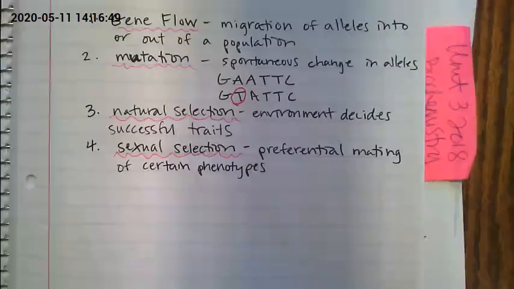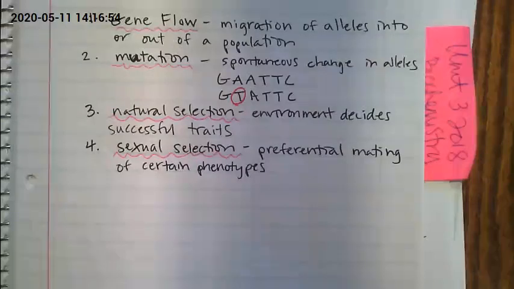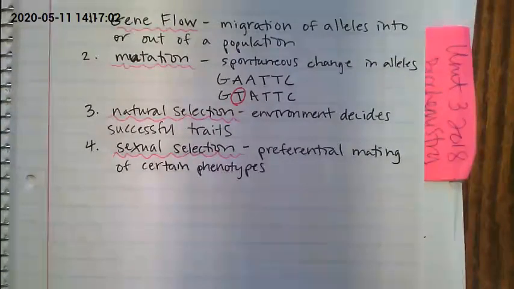Anybody know the difference between a male cardinal and a female cardinal? A male cardinal is red and a female cardinal is brown. So with sexual selection, especially in birds, the male birds always have really gorgeous feathers, like the peacock. Only male peacocks have those huge feather plumes. So they'll have certain traits that actually give them a disadvantage for surviving predation, but because it makes them more likely to find a mate, they're going to take that risk. So that's sexual selection.